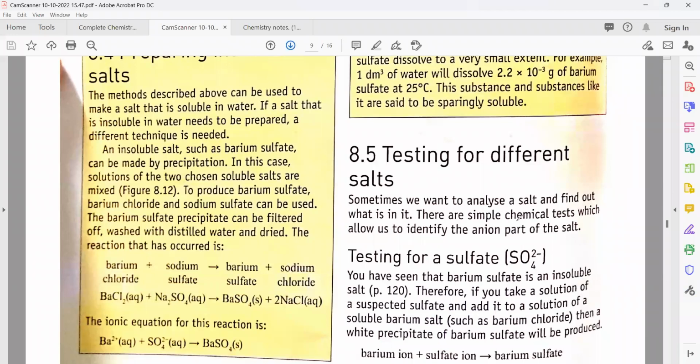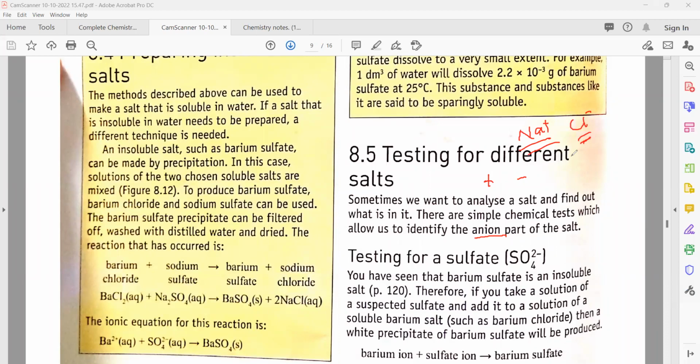There are simple chemical tests which allow us to identify the ionic parts of the salt. You know that there are two things: one is positive and the second is negative. Like here Na is the positive part, and Cl is the negative part. So cation and anion, you need to find out which part is present in it.